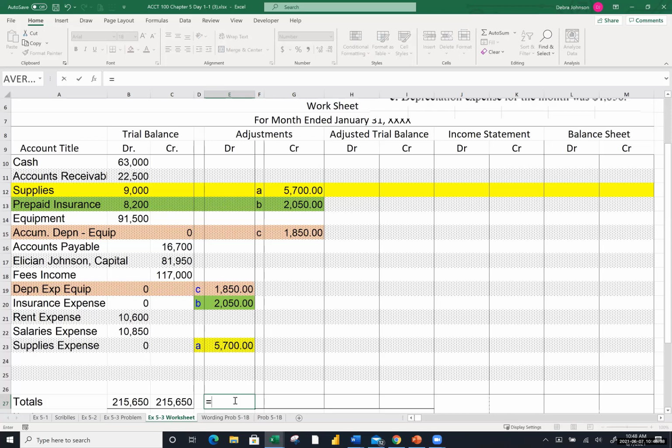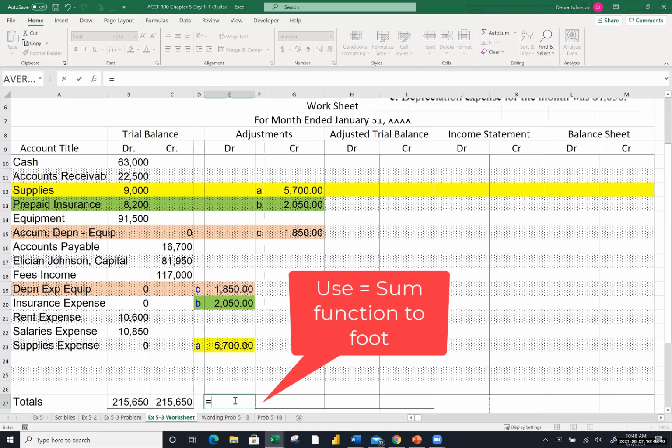Ulysses looks like he was wanting to learn how to use Excel. So equals sum. I'm going to just do it fairly slow. Open the parentheses. The way you do that, it's above the number 9. And then highlight it from the top to the bottom. Make sure you start at the top and make sure you go to the bottom. And once you've done that, press the enter key.